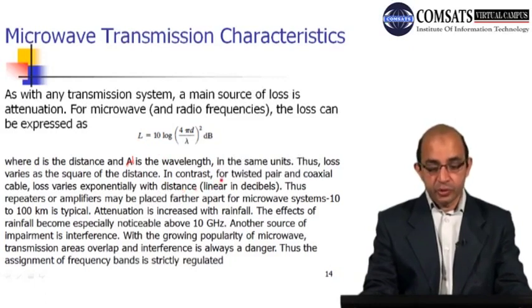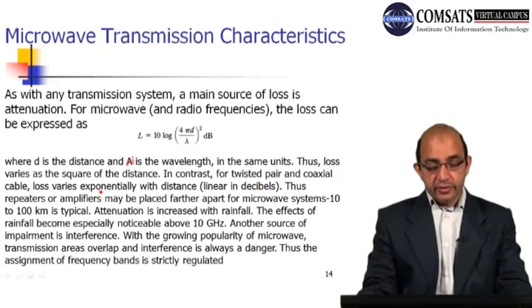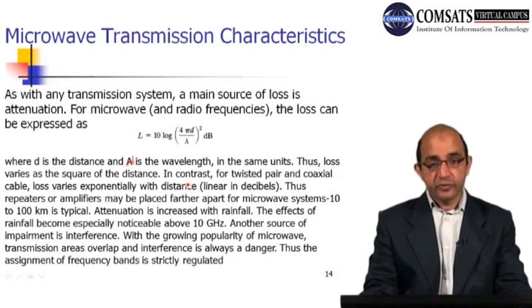As opposed to twisted pair and coaxial cable, where the loss actually varies exponentially with distance, right? So this is the difference. As mentioned, loss in case of twisted pair and coaxial cable varies exponentially with distance.